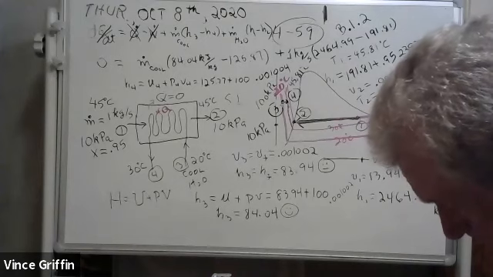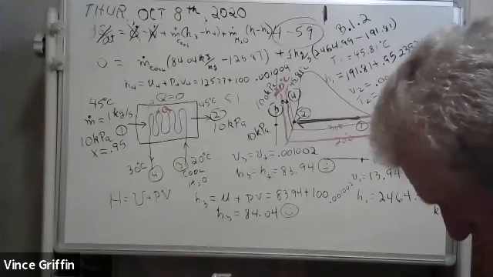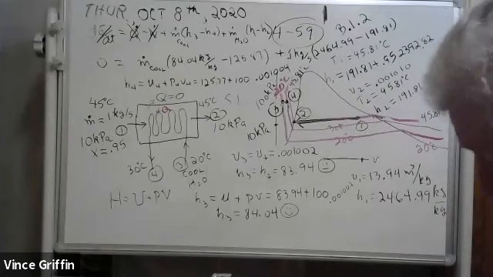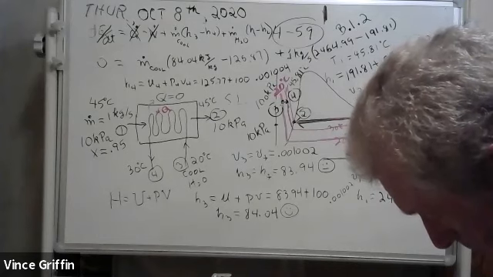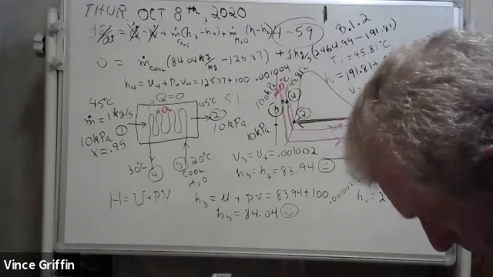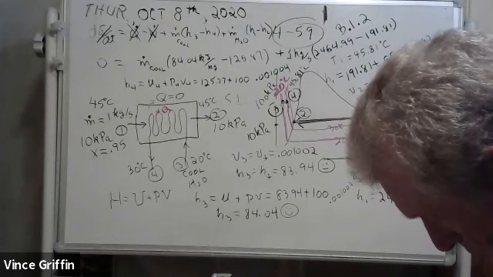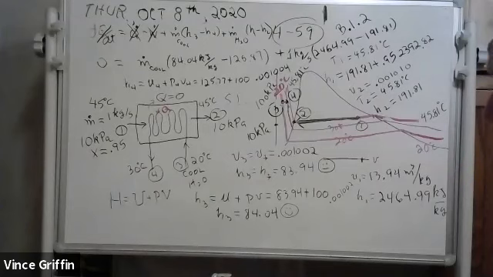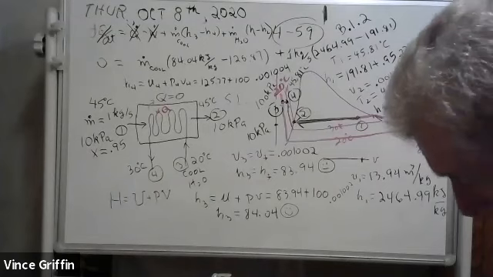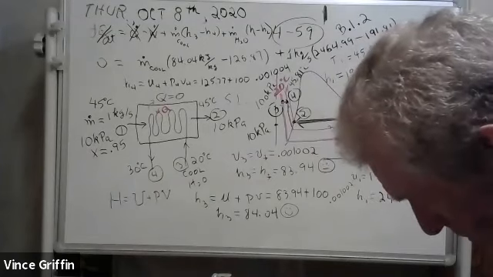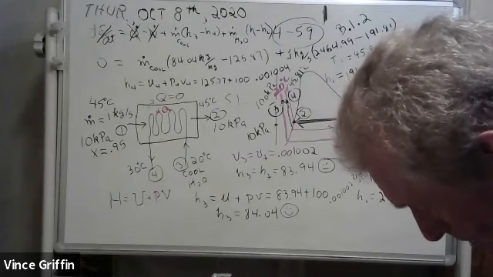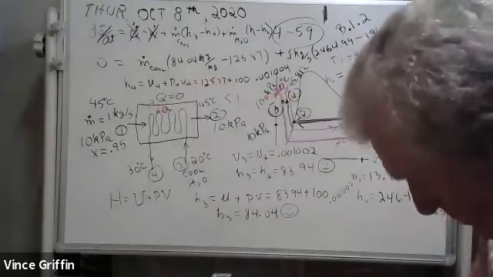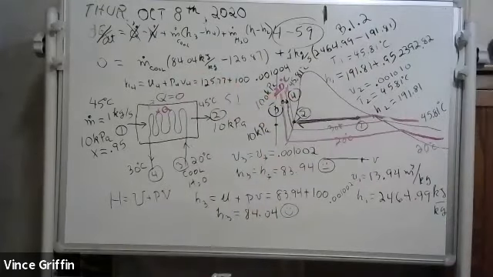Okay. I see that they did it a slightly different way. They got pretty much everything that we have, only they said that this here is 83.94.